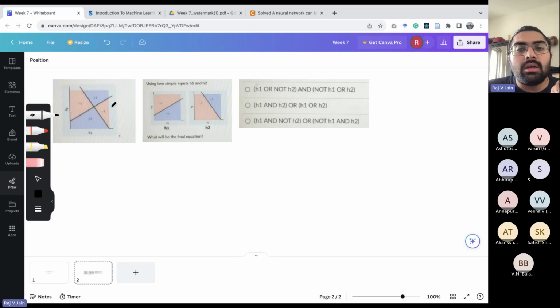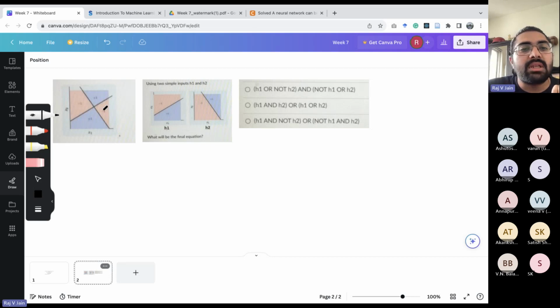So let's look at this one: H1 and not H2. For this area, this would give me plus 1 and not this one, so it says it belongs to class plus and not to the other class.